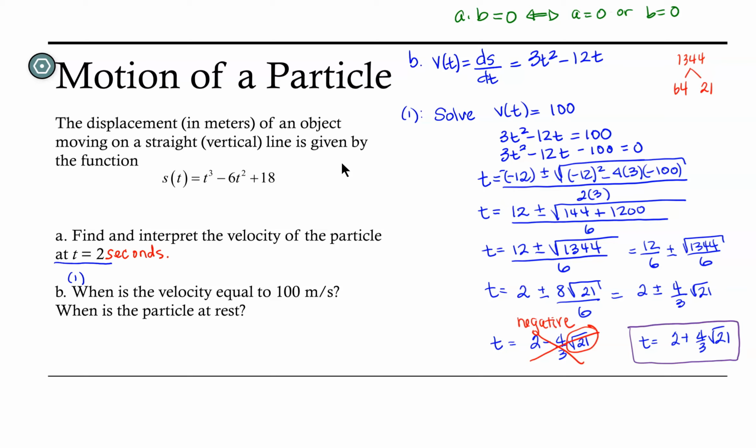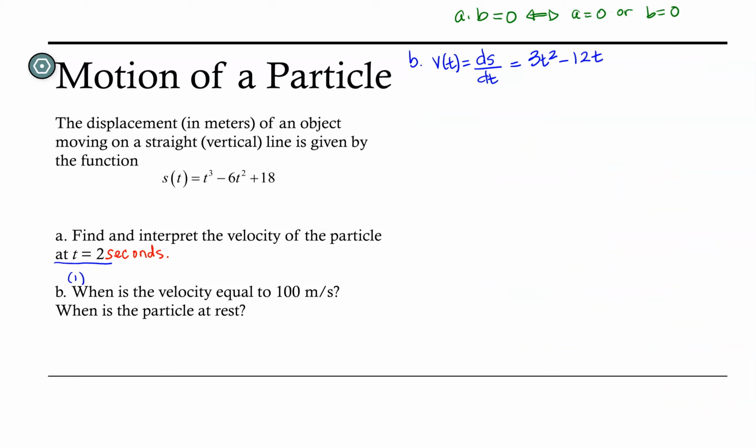And that means t is approximately equal to 8.11. And I lost my units there, so let's go back and put them in. The units of time we imposed were seconds. So t is approximately 8.11 seconds.